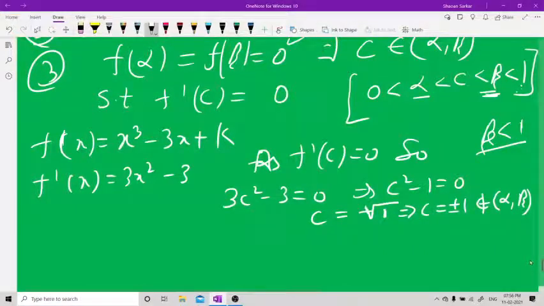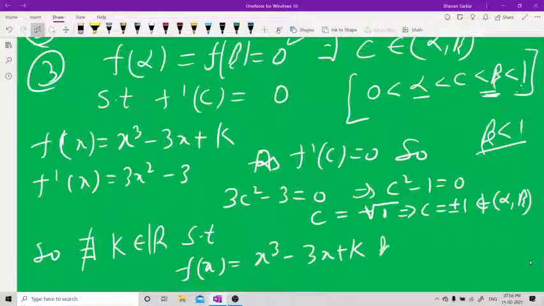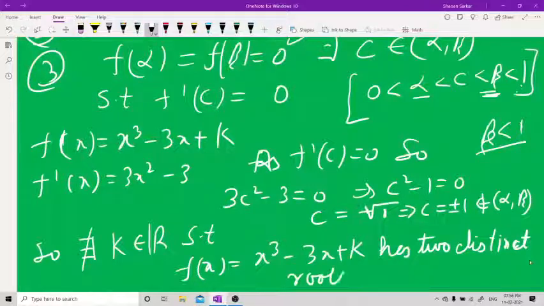So there does not exist a k belonging to R such that f(x) equal to x cube minus 3x plus k has two distinct roots. Let us understand again this question.